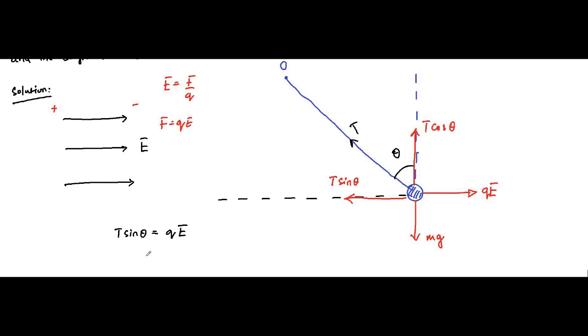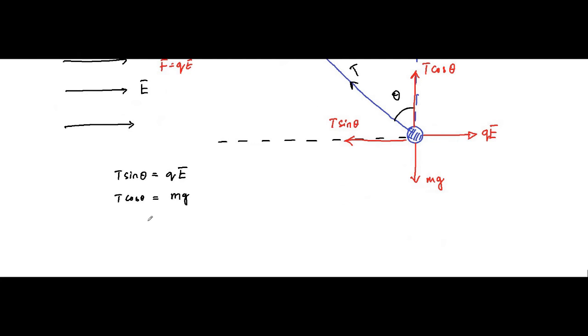Similarly, in the vertical direction also there is no movement. So T cos theta, the vertical component upwards, is balanced by mg, the force downwards. If we divide these two equations, T sin theta by T cos theta, it will be equal to QE by mg, where tan theta is equal to QE by mg.